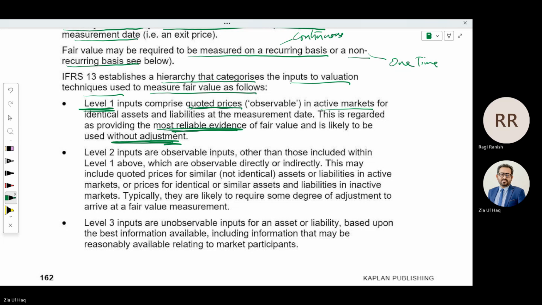What is the level two method? Inputs are observable inputs other than those included within level one above, which are observable directly or indirectly. This may include quoted prices for similar, not identical assets.